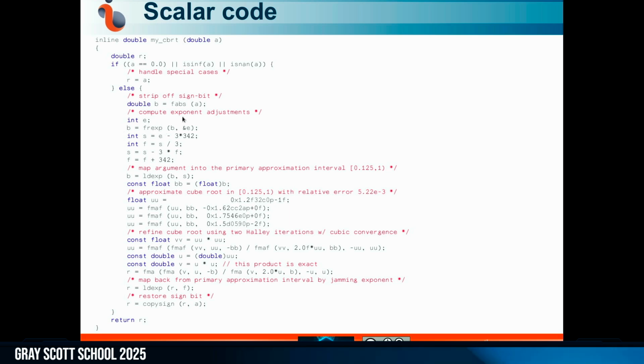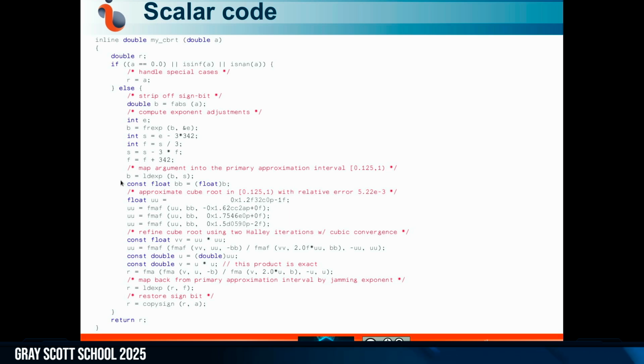So here there is this extraction from the absolute value of the number that we want to take the cube root of. We extract the mantissa in B and the exponent in E. So the three next lines are something else.